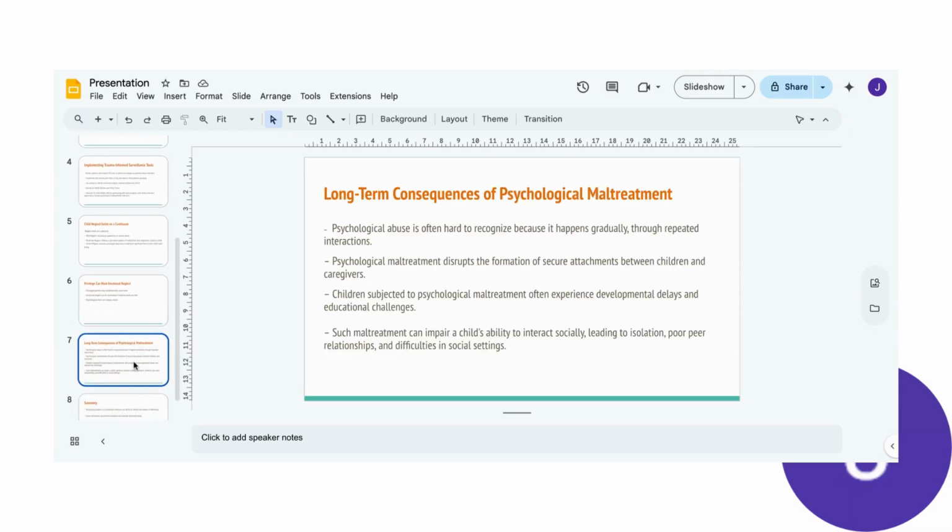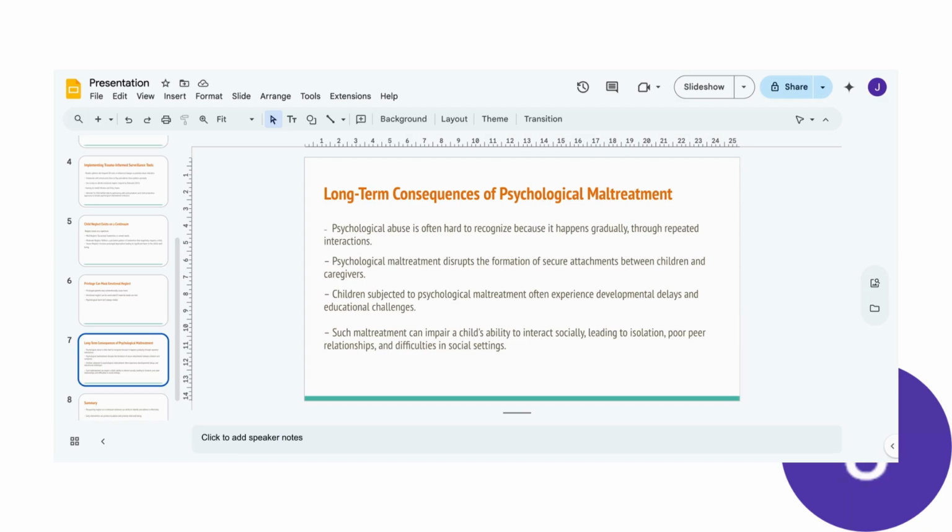And for my final point, the long term consequences of psychological maltreatment. According to Hibbard, psychological abuse is often hard to recognize because it happens gradually through repeated interactions. Now, this can seriously affect how they see themselves, how they form relationships, and even their mental health later in life.